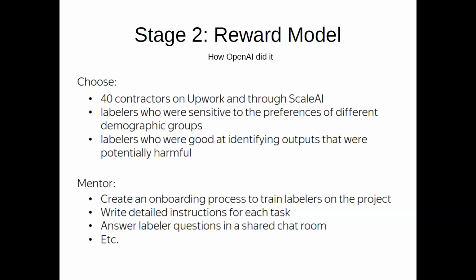So these different answers were given to these assessors, and they ranked these replies based, of course, on instructions provided by OpenAI. For example, if there was hateful speech, they had to rank that answer lower, and so on.